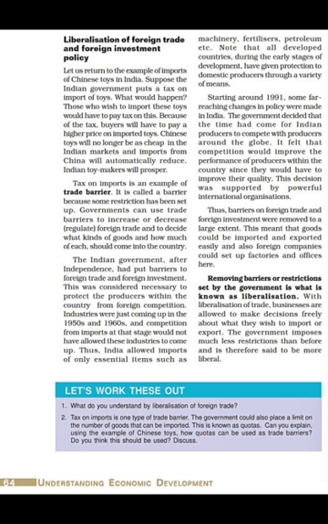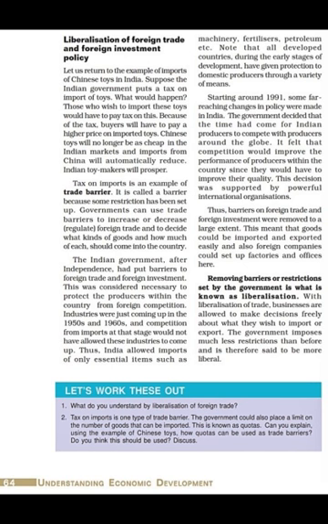And the Indian government, after independence, put barriers on foreign trade and foreign investment. This was considered necessary to protect the producers within the country from foreign competition. Because when we got independence, our industry was not strong enough to survive foreign competition. So it was essential to protect our industry.